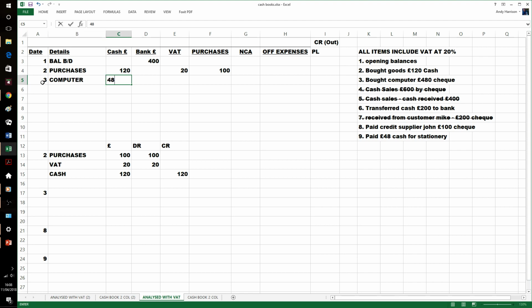would normally put more detail in than this. 400, oops, that's a cheque. Taking all the totals. That will be £80 VAT, non-current assets, £400. So again, splitting the VAT out.